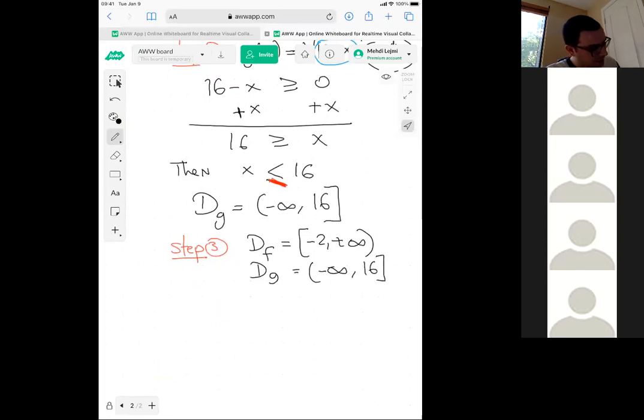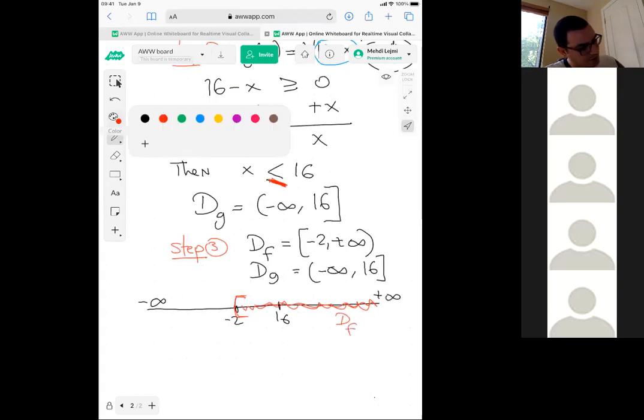All right, so here's my number line. I'm going to need -2, and I'm going to need 16. Here's my negative infinity, positive infinity. Domain of f with the red goes from -2 all the way to positive infinity, right? That's my domain of f.